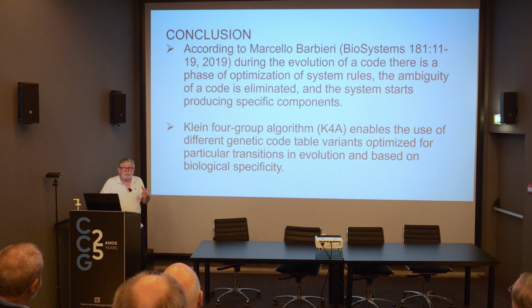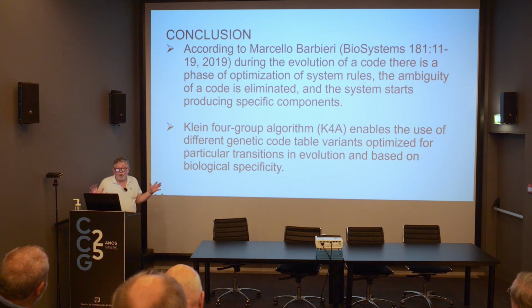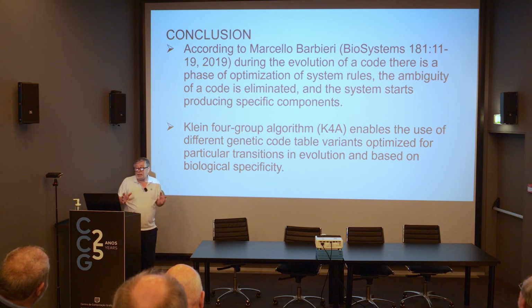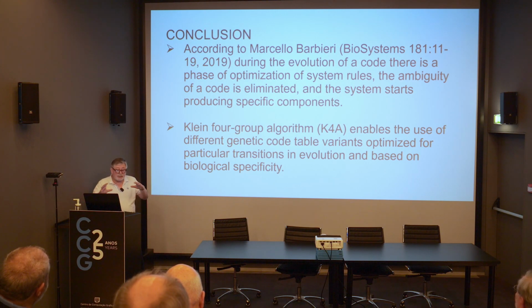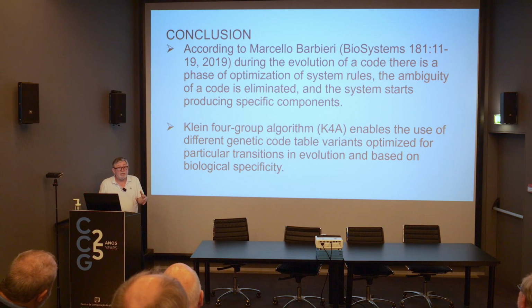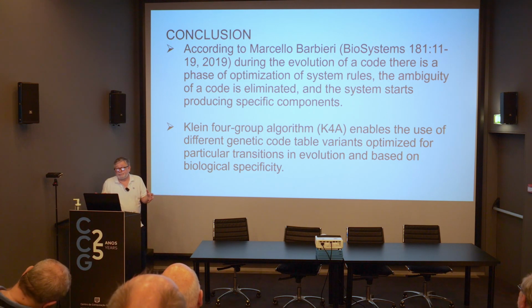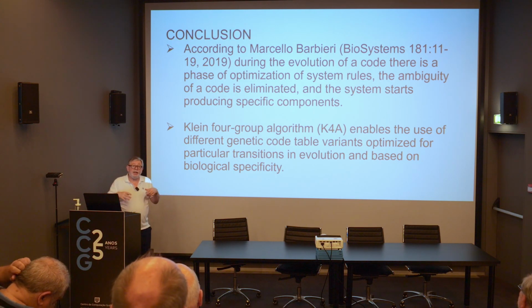So it remains what to do further. According to Marcello, during the evolution there is a phase of optimization of rules, the ambiguity is eliminated and the system produces its components, and in the end we have several genetic code tables. For each of these tables slight variations in group theory and indices can be done.